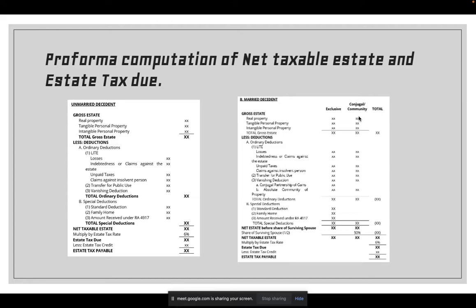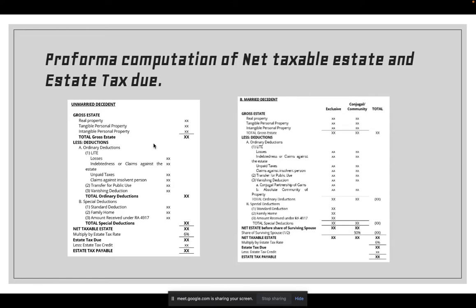Kasi mamaya, yung total mo dito sa net estate before share of surviving spouse, ito, nasa dulo, gagamitin mo yan kasi para makompute mo yung 50% at makuha mo yung net taxable estate of the decedent. Huwag mo munang itatax yung asawa kasi buhay pa. Yung decedent na lang muna. Ha? Kaya, i-deduct natin yung 50% share.